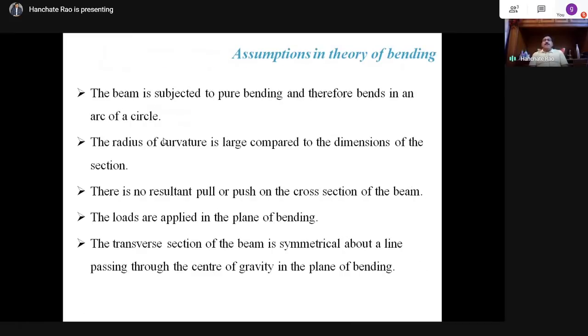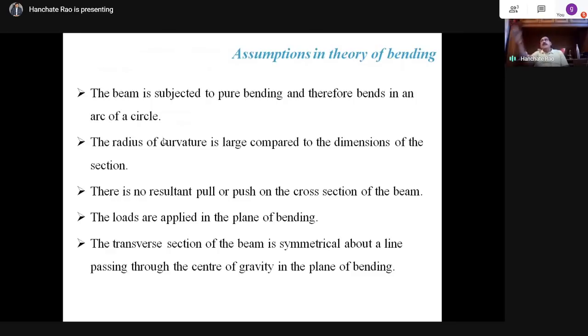The beam is now subjected to pure bending. So we are not considering any shear, we are not considering any torsion, we are considering that it is subjected to pure bending. When a beam is subjected to pure bending, it bends into an arc of a circle.